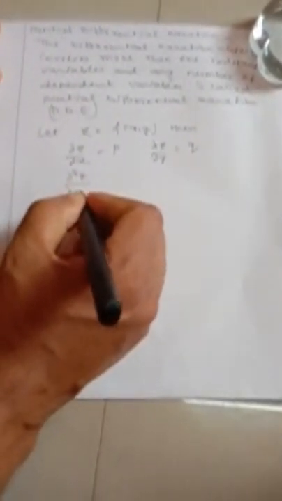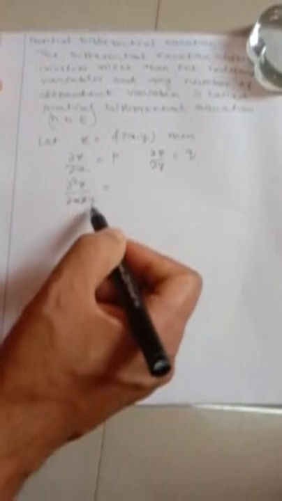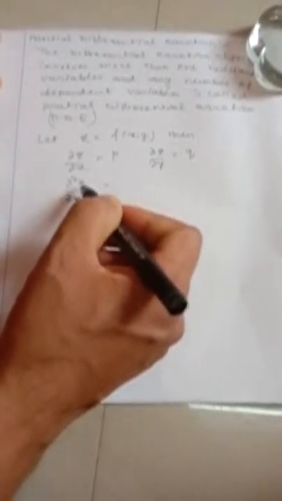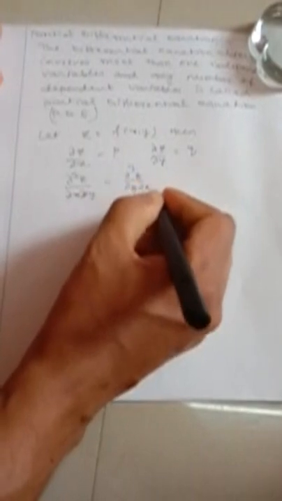Dou square z by dou x dou y is the partial derivative of z with respect to y first, and then the partial derivative of the resultant with respect to x. Sometimes we can write dou square z by dou y dou x also. If the function z is continuous, then these two will be equal, and we denote them as s.